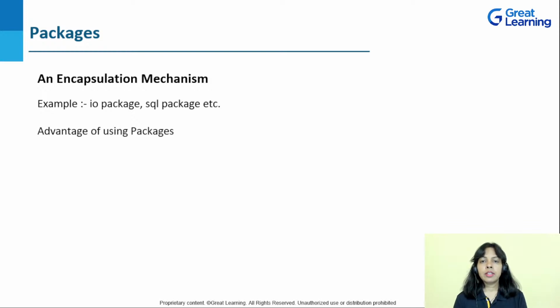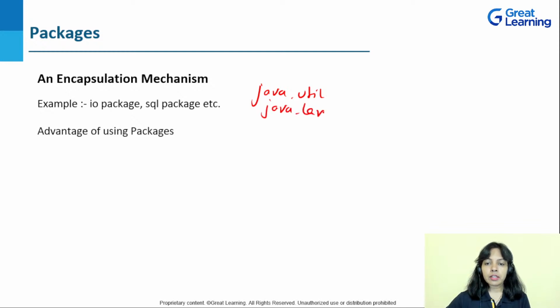For example, there are so many inbuilt packages in Java which we have been using. One of the simple examples is the java.util package. Most of you would have used it. Also the java.lang package.